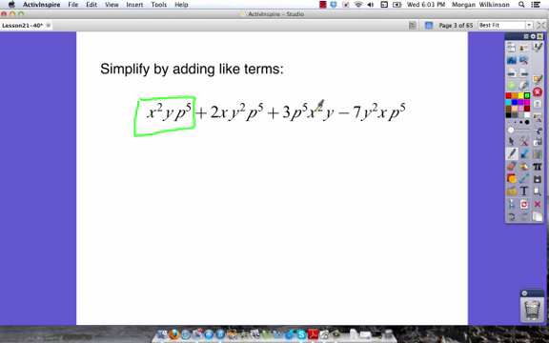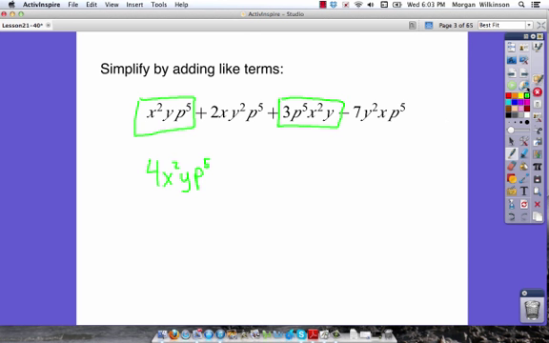We've got x squared, we've got y, and we've got p to the fifth. That's exactly the same, so we're going to put this in. We've got x, oh, not x squared, like the ones before, so we can't add them together. Now we see we have 1 and we have 3, so that must be 4 x squared y p to the fifths.